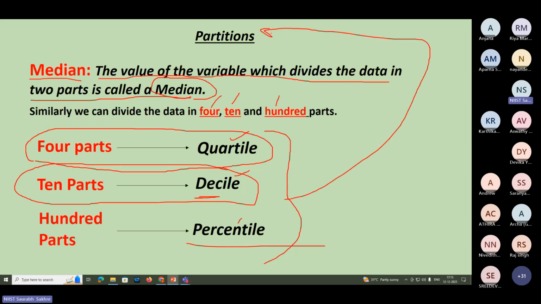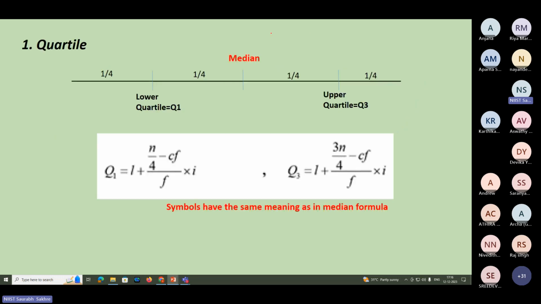We are doing partitions within the data to get more insights and conclusions, so that I can make my thesis or scientific study more authoritative, that yes, I know my data in and out. So we will see 4 parts quartile, 10 parts decile, 100 parts percentile.